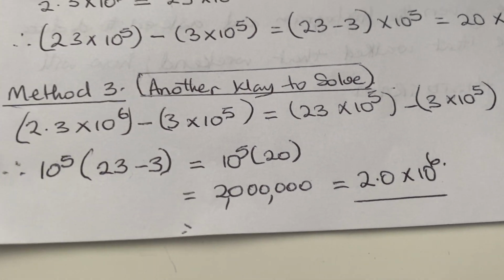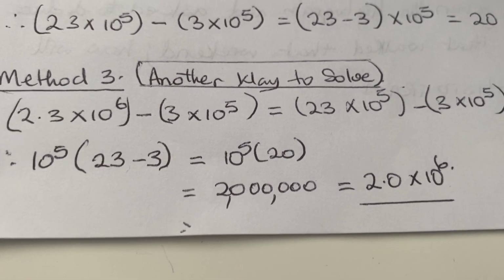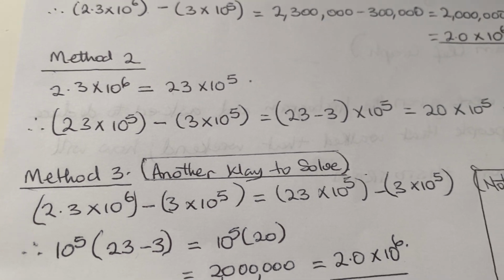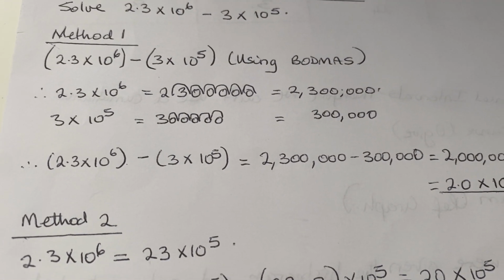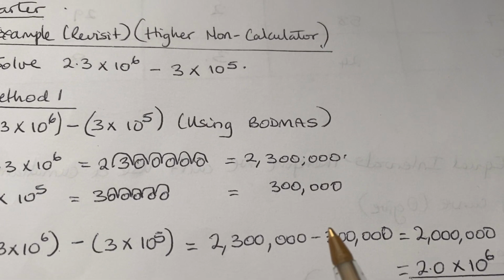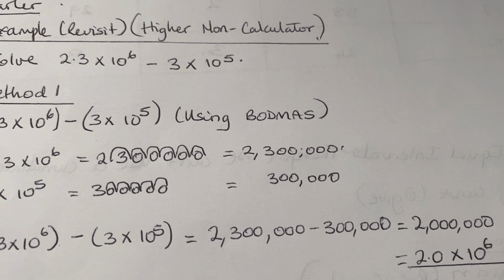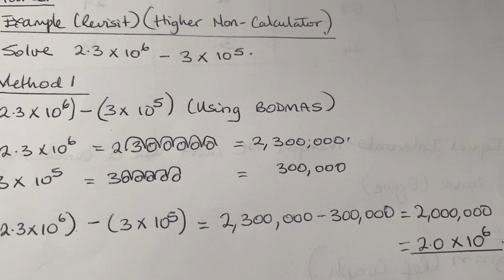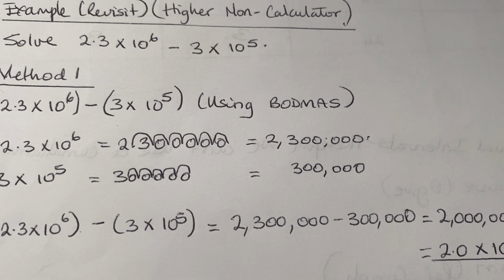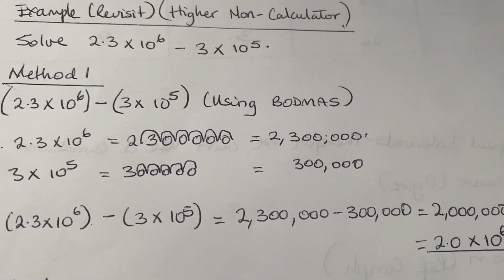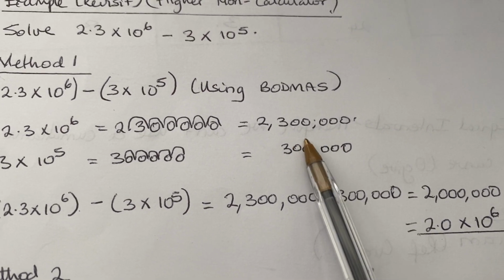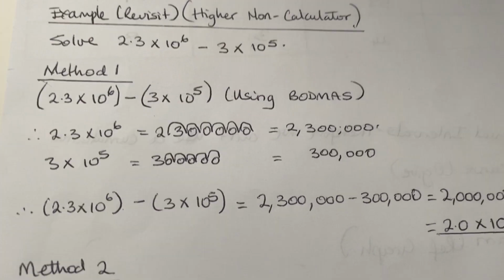So now I've shown you 3 ways. The first one is the normal maths way, moving the zeros, getting the numbers and subtracting. Okay, 2.3 million minus 300,000 straight away and then converting it back.